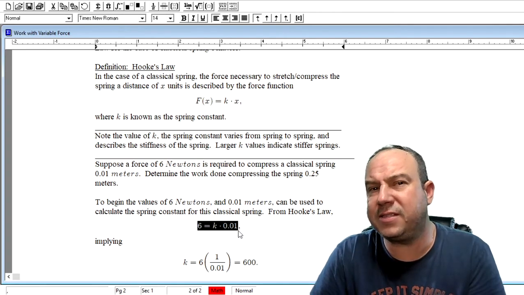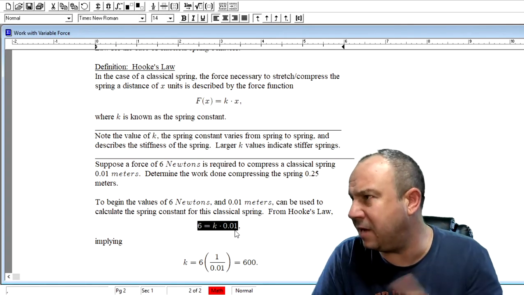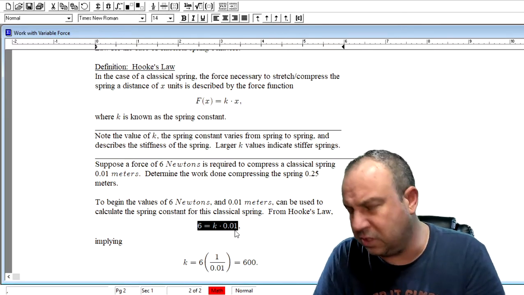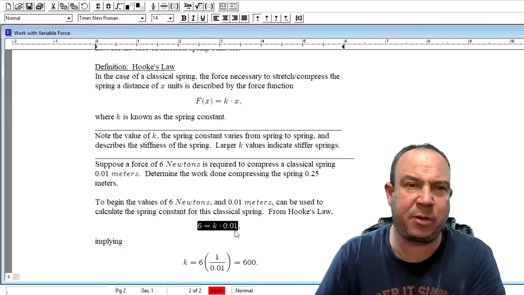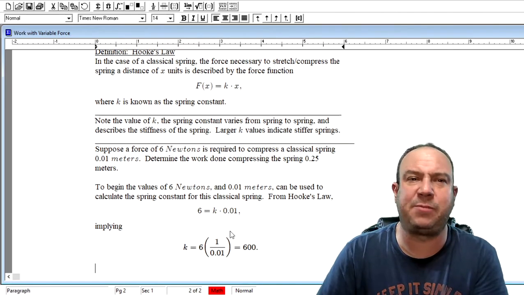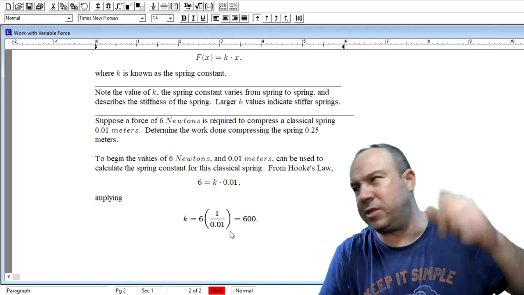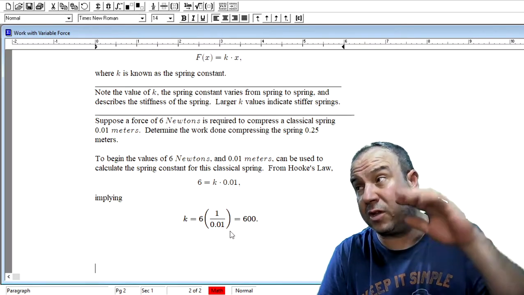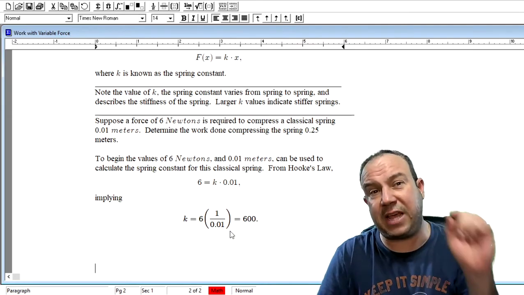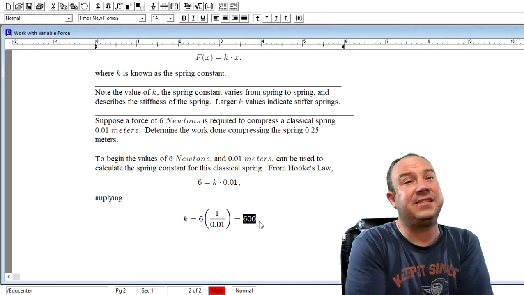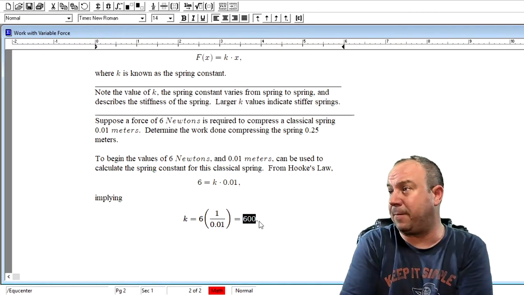With this information, we can solve this relationship for the value of k, the spring constant, and divide both sides by 0.01, or multiply both sides by 1 over 0.01, which is really the reciprocal of 1/100th, which is 100. So if we take 6 times 100, that will give us 600. And that is the value of the spring constant here.